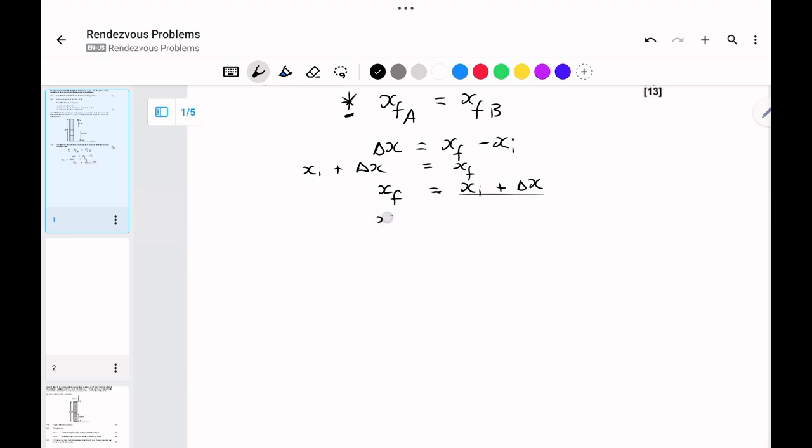The final position of A is just the initial position of A plus the displacement of A. And similarly, the final position of B is the initial position of B plus the displacement of B. So now I have an expression for x final A and x final B. It's this and this.